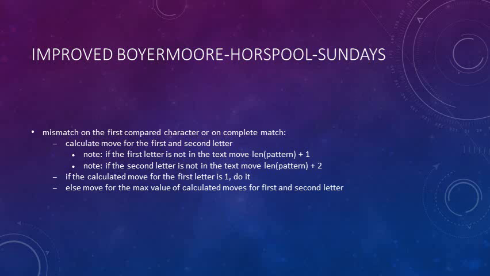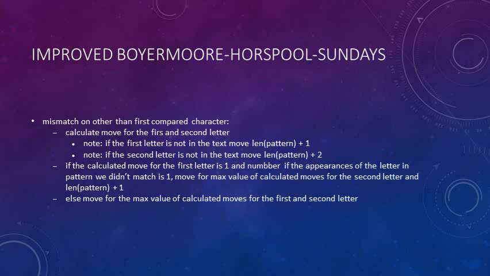If the shift for the next letter after the text is 1, then we just make a shift of 1. But in any other case, we compare the shift for the next letter and the shift for the second letter after the end of the text, and we make the bigger shift available.